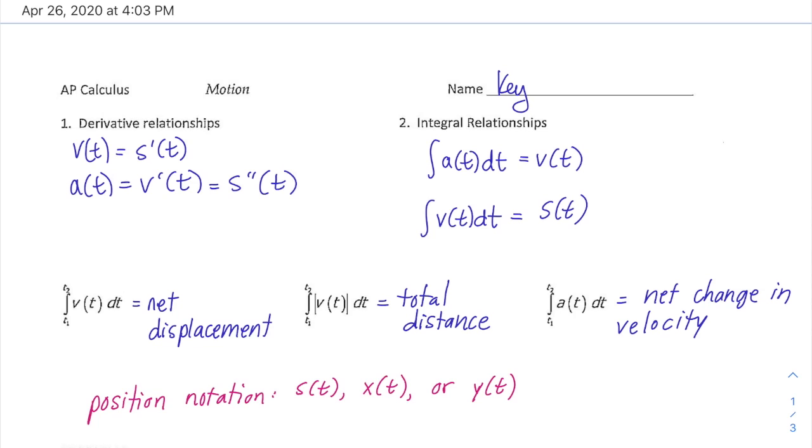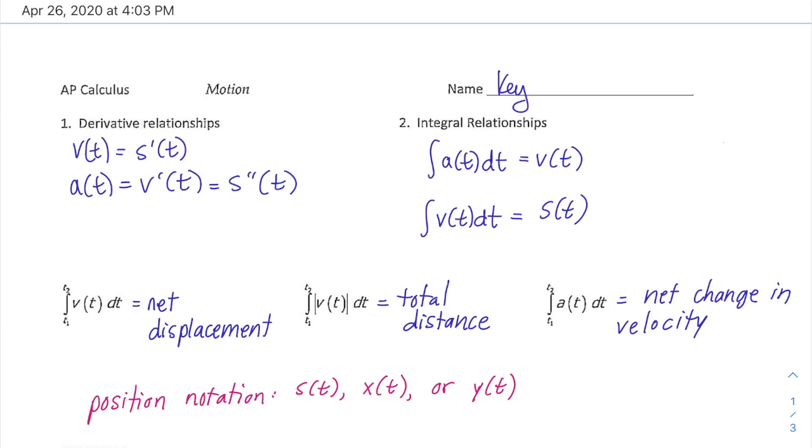One thing I made a note of here, because I think this is important to talk about, there's really no universal notation for position. So sometimes position is talked about as s of t, like I did in our relationships at the top, but it could also be talked about as x of t or y of t if you're talking about motion along a horizontal line or axis or a vertical axis.